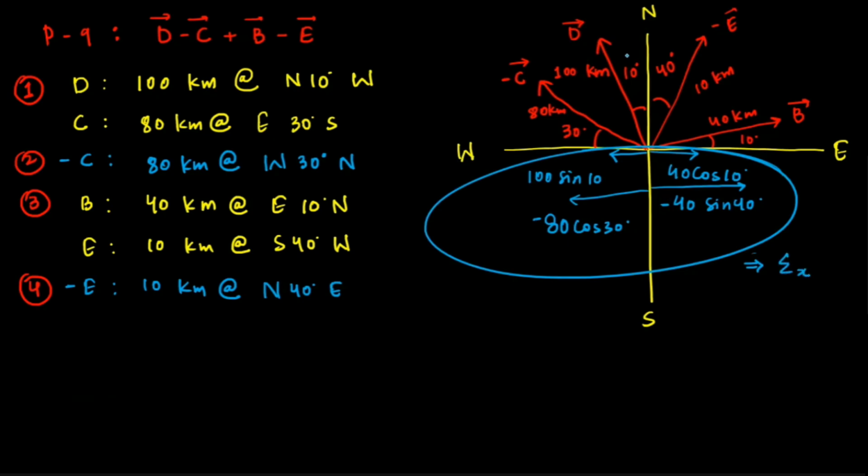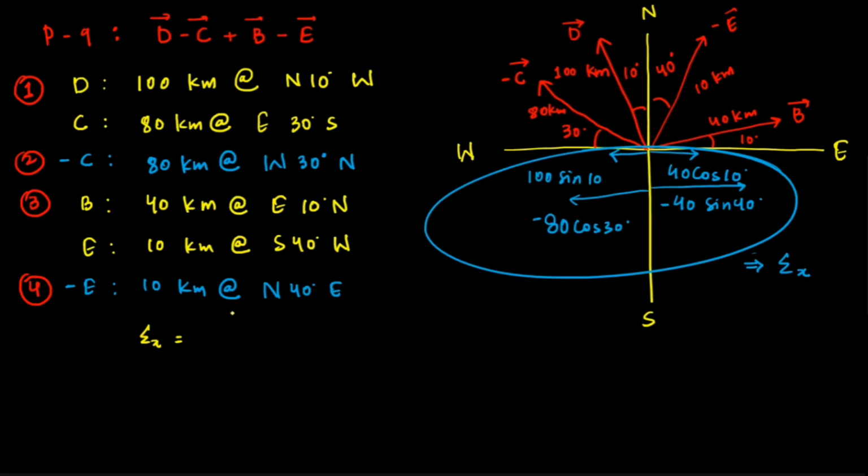Similarly, for summation along y, we'll write the same. So I'm writing it here. Let's make it finally. So E along summation of x is going to be 40 cos 10 minus 40 sine 40 plus minus 100 sine 10 plus 80 cos 30.